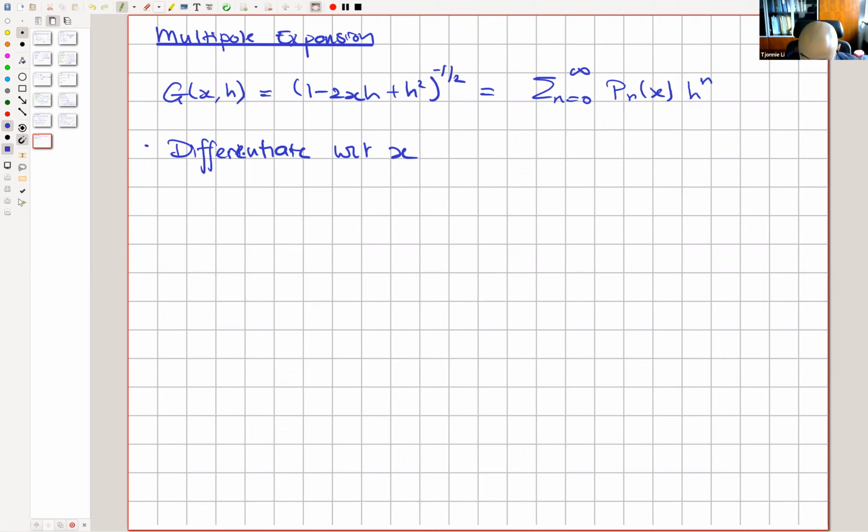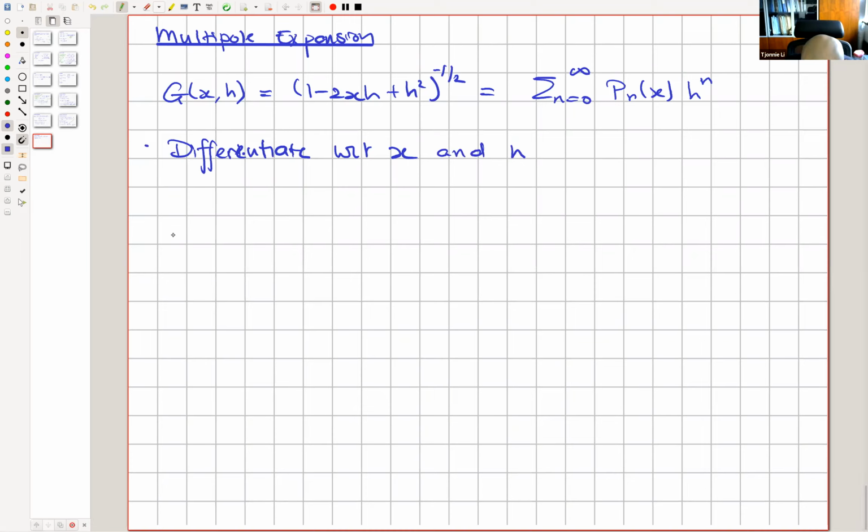Again, when I'm doing this, I'll try to go quite slow, but grab a pen and pencil, whatever you like to use, and write along. See if you can follow. So the first thing is I'm taking this generating function, and I am going to differentiate with respect to x and h.